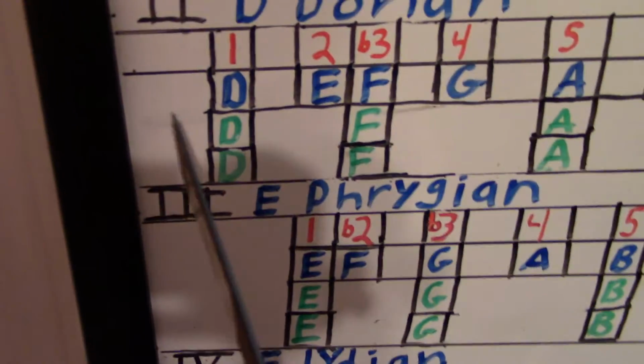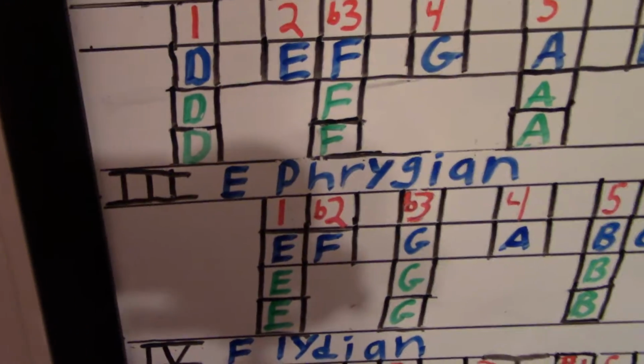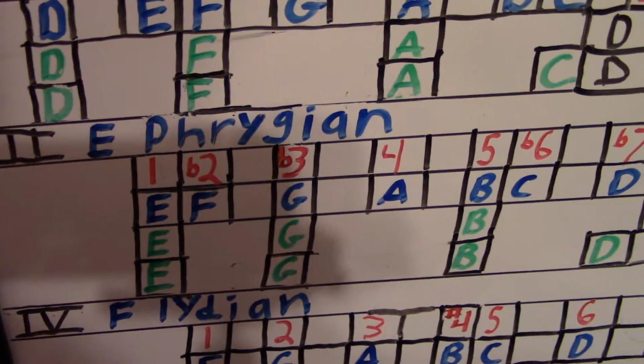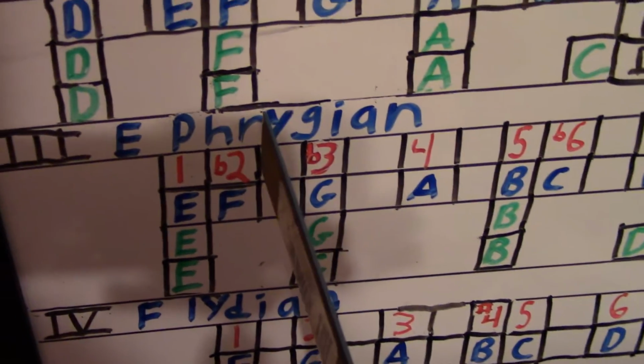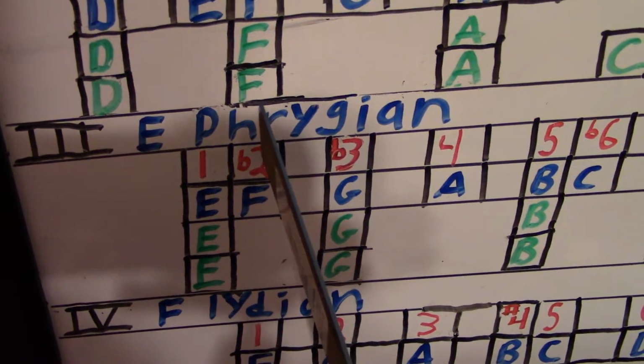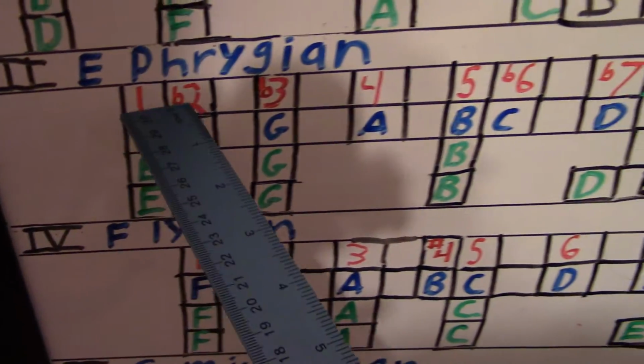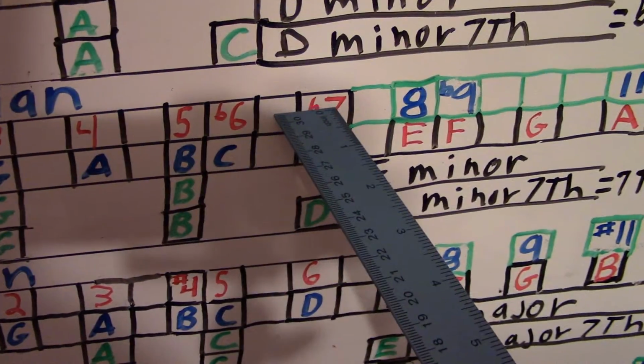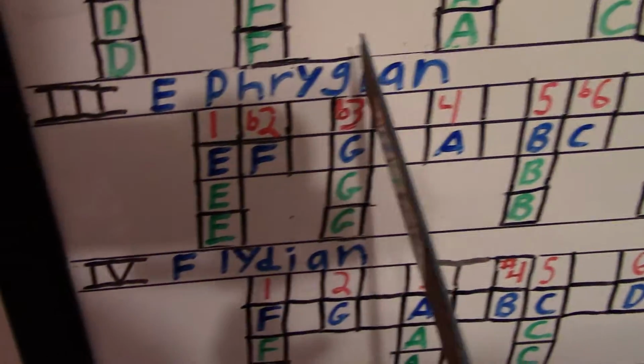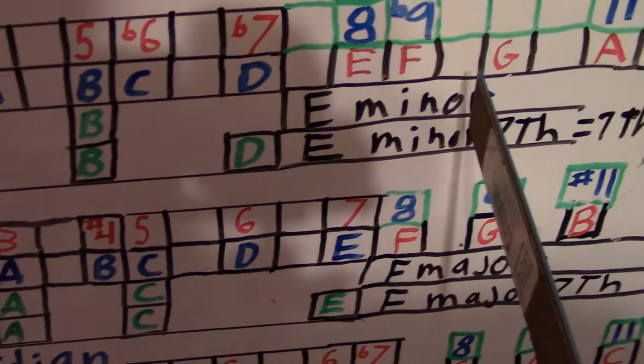Now we're going to go to E Phrygian, 3rd mode of the C major scale. Primarily, what's the characteristic note of the Phrygian scale? Anybody know? It would be right here, flat 2. You have the intervals up here for the scale, and Phrygian is a minor mode.